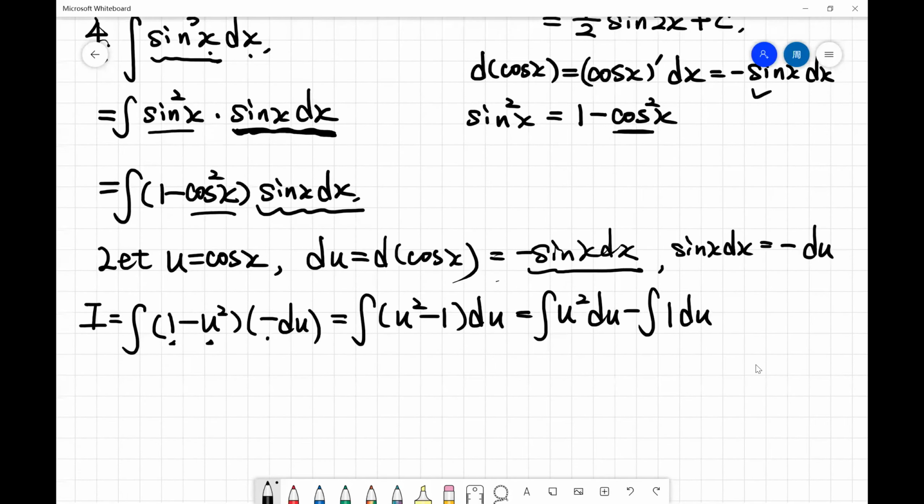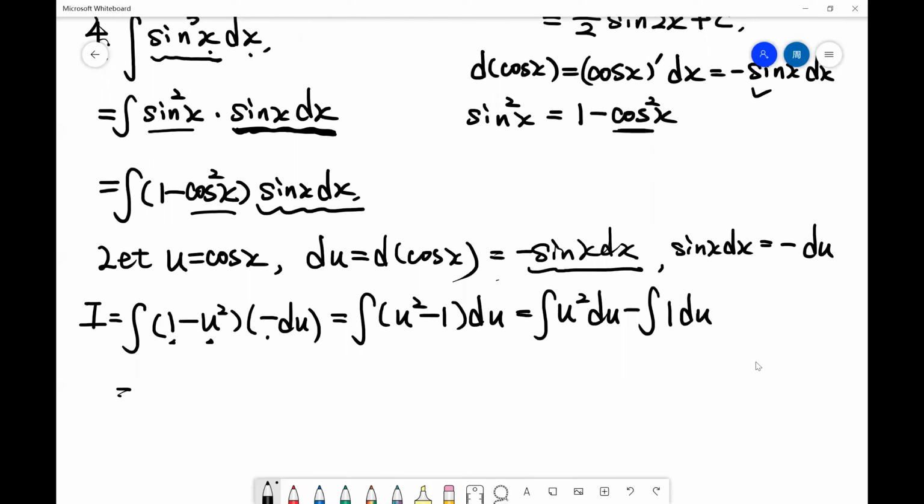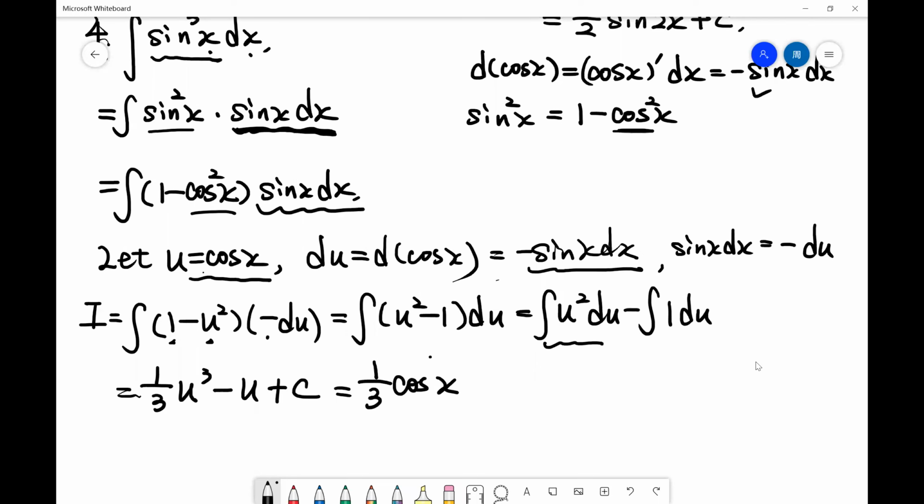And here we can use the formula directly, because for the first we can use the power formula, right? So that equals 1 by 2 plus 1, so that is 1 by 3 u power 3. Then minus u here. And the last step, plus c. Then we substitute u back. u equals cosine x, right? So that equals 1 by 3 cosine x power 3.